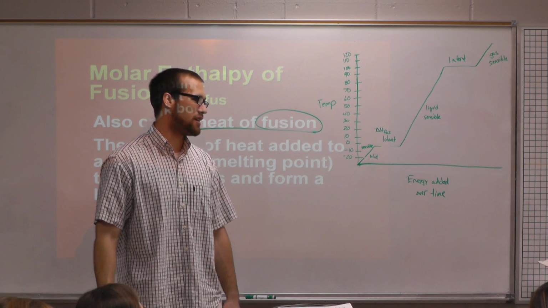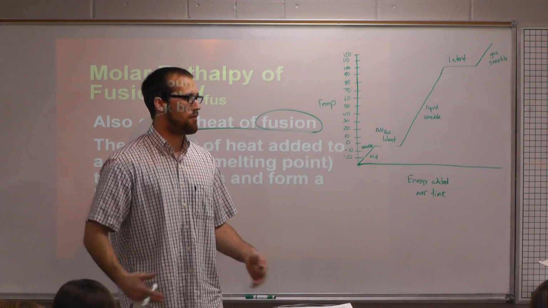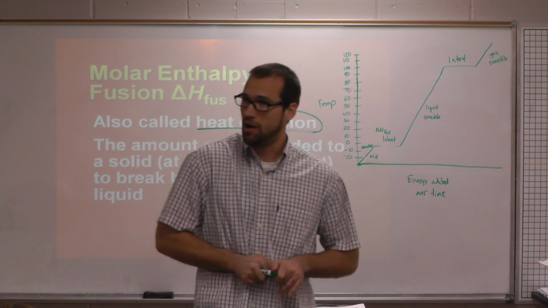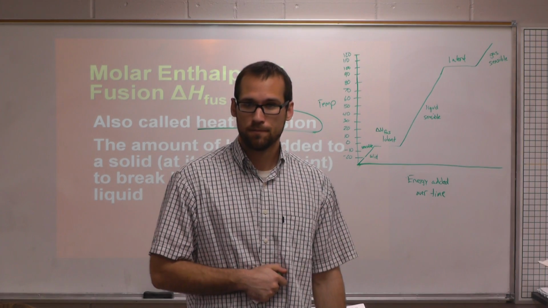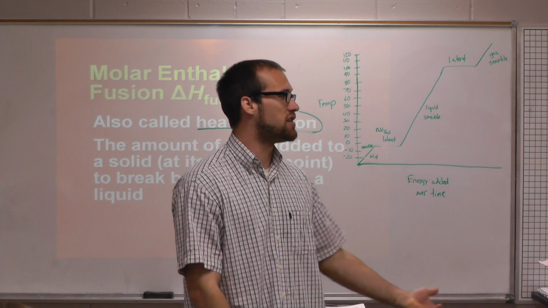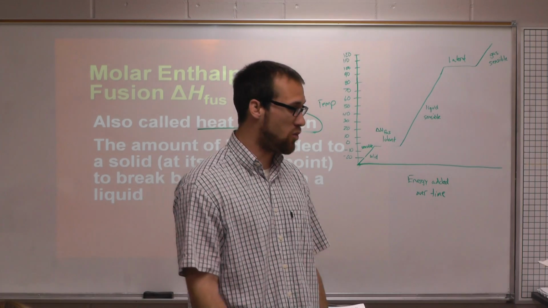Okay? Now, do we always have 1 mole? No, but could we do stoichiometry to figure out how much energy I would need to break half a mole of solid water? How about if I had 14 moles of solid water? Could I figure out how much energy I would need to break 14 moles of solid water if I knew how much energy is required to break 1 mole?